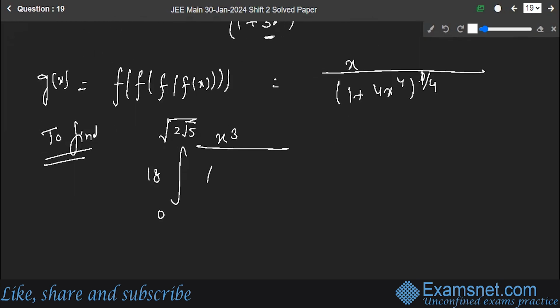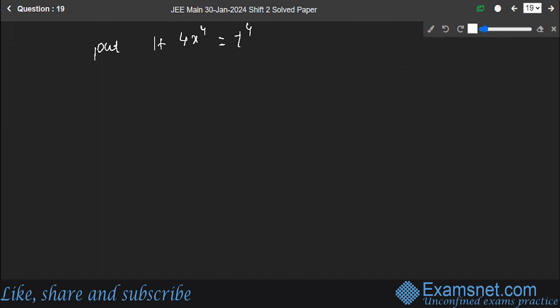So this will be x cube into (1 plus x power 4) power 1 by 4 dx. Let's put 1 plus 4x power 4 equal to t power 4. This will give me 16x cube dx equal to 4t cube dt.